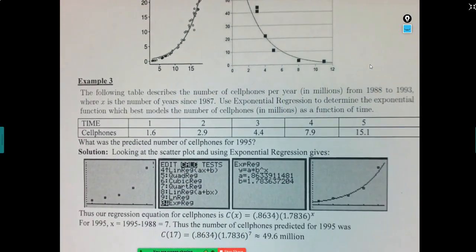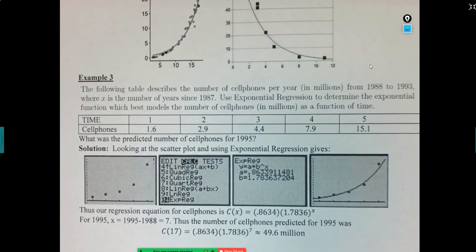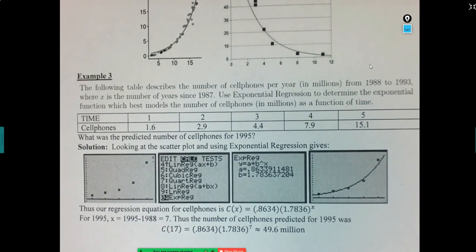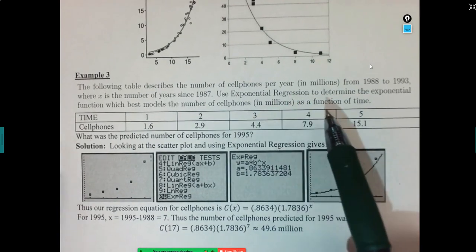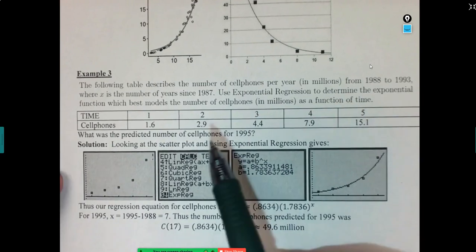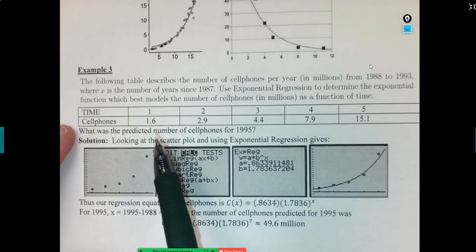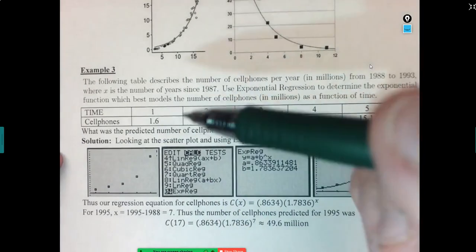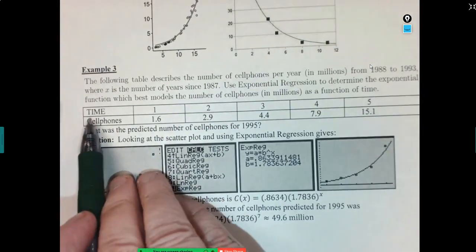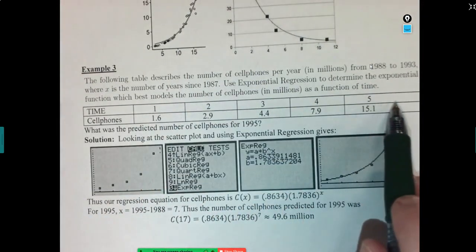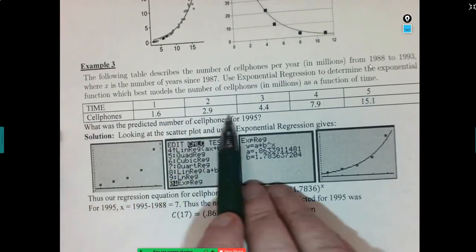Now, the time is probably going to get me, so I have the summary here. This tells you to use exponential regression to determine the function that best models the number of cell phones. Now, the number of cell phones is in millions, but I put these pairings into my scatter plot. So this is going to be my list 1 and my list 2.